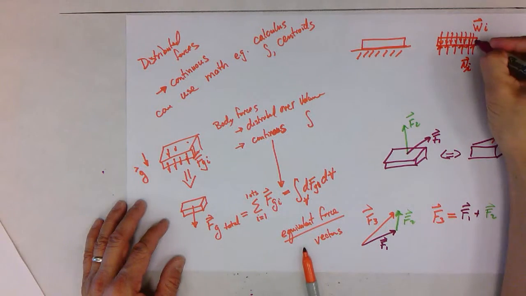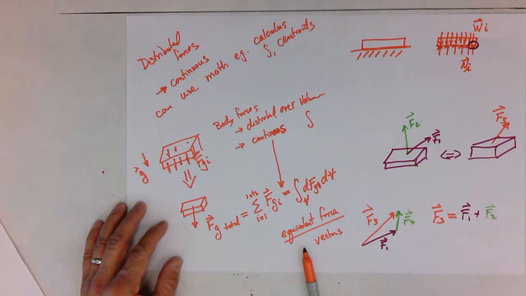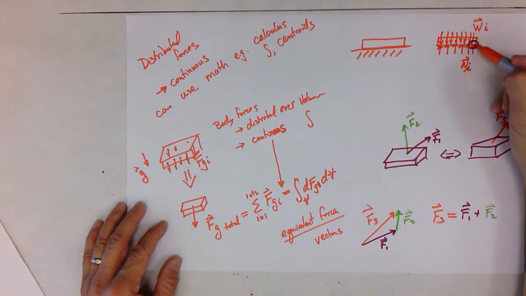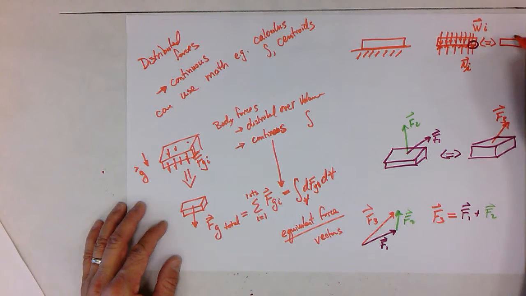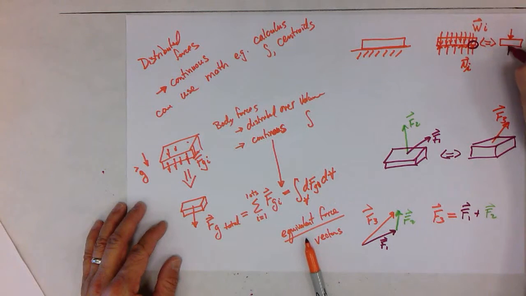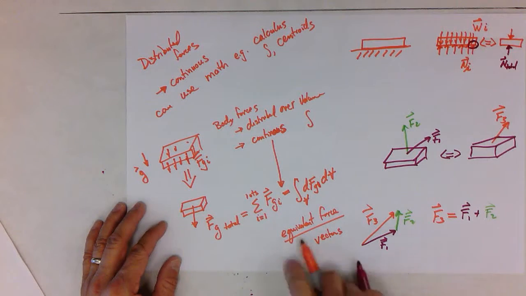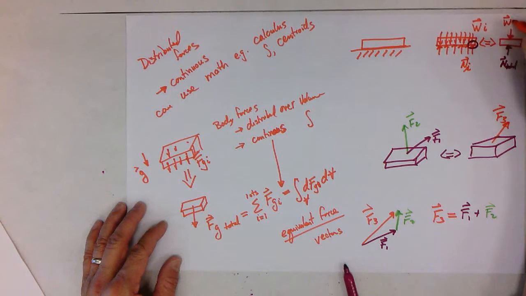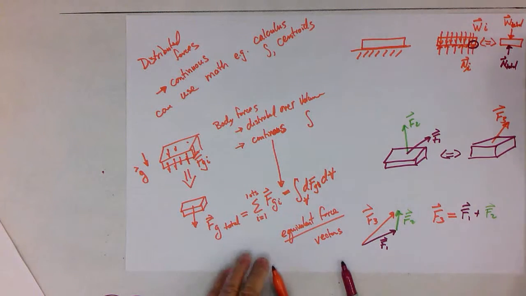If perhaps we are interested in a very local area, then the effect of these forces are going to have an effect on this area. If we had done an equivalent force substitution and applied a single force, which is the sum of all of these, what's happening in this local area may look a little different.